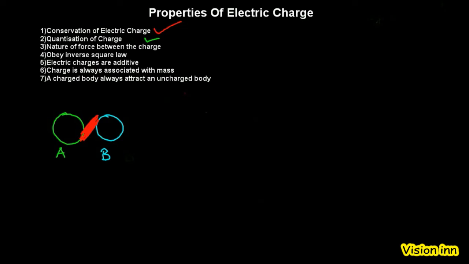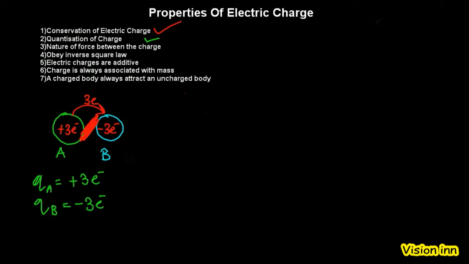Now consider there is transfer of 3 electrons from body A to body B. So body A will have positive charge and body B will have negative charge. The charge on body A will be plus 3e and the charge on body B will be minus 3e.